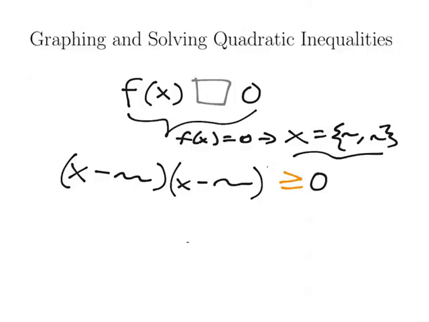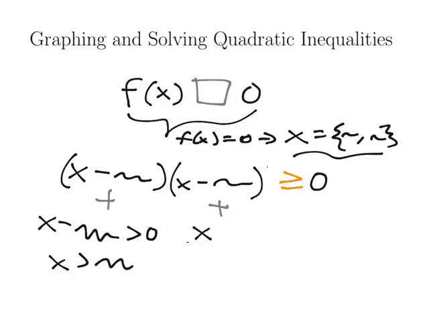So it could be true that this is positive and this is positive. Let's approach that. That means that x minus the squiggle is greater than 0, or x is greater than that squiggle. And over here, this means that x minus that squiggle is greater than 0, or x is greater than that squiggle.